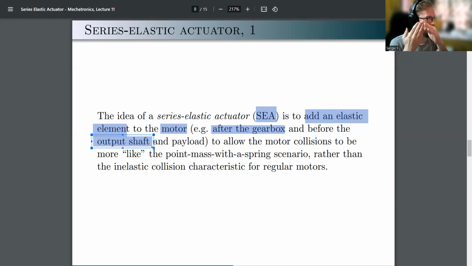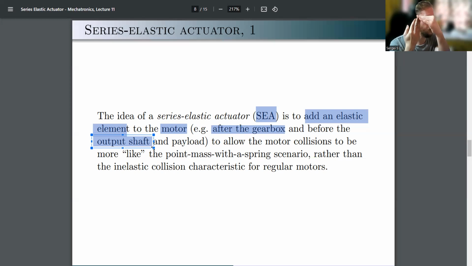We add at the end of this shaft this torsional spring, and if the shaft collides with something, instead of the shaft instantaneously changing its kinetic energy, the spring starts to wind more and more as the shaft continues to move.